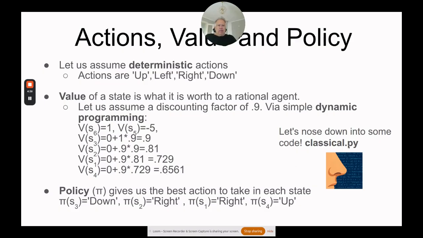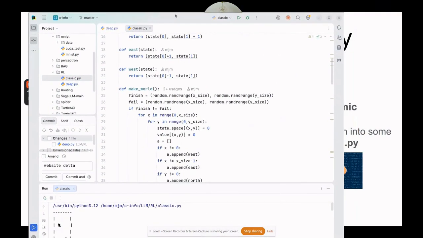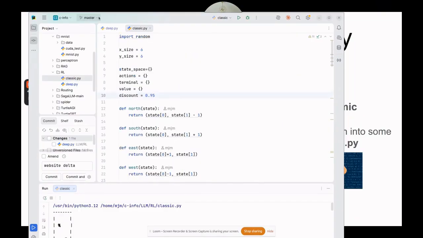And I think at this point, it's always nice to look at some code. This code here we're going to build on later when we talk about deep reinforcement learning, but in this example it's just classic. In this case it's going to be a 6x6 world.